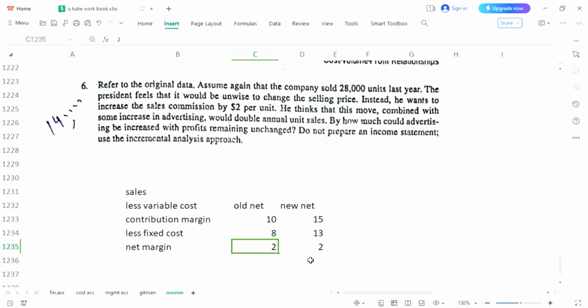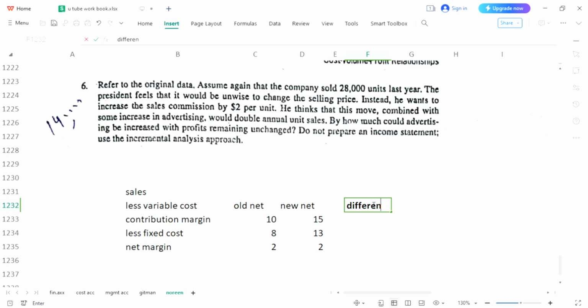And the thing you have done is the difference of new and old net margin was added in fixed cost. We can write it so that you can understand in a better way.